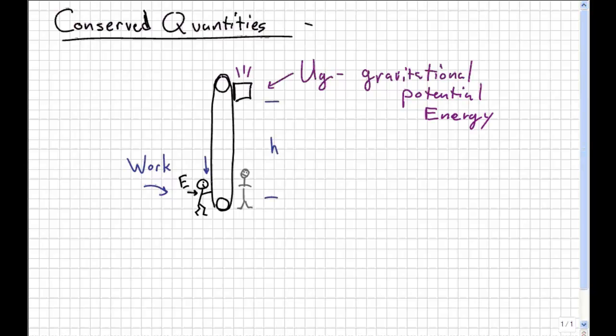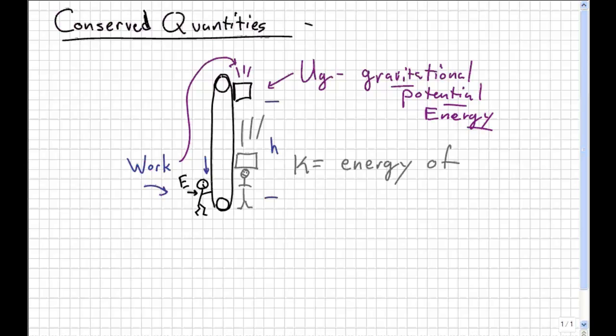So, this guy does work. He loses some energy, but the energy that he did in work goes into the box as gravitational potential energy. When he releases it, gravity then does work on the box and converts the stored potential energy into kinetic energy, which is the energy specifically of motion.